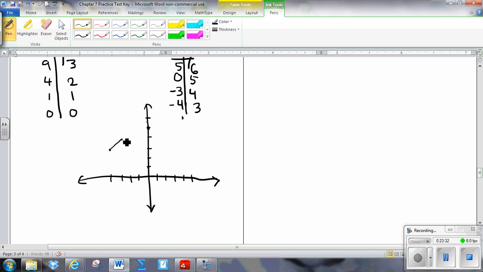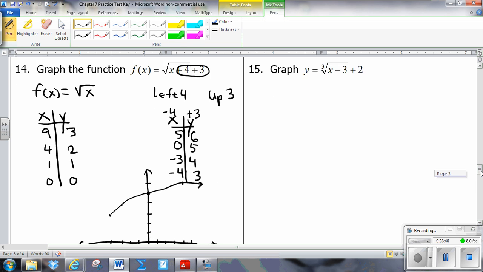Okay, and remember these graphs go like this. Okay, hopefully yours is a little bit nicer than mine. I don't have any straight edges or anything I can use on here.